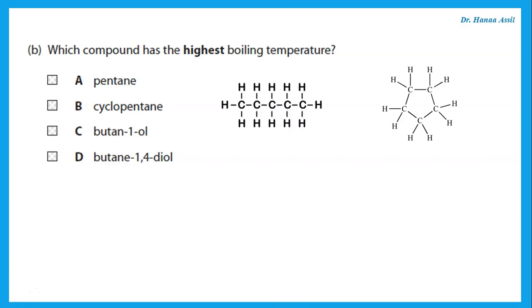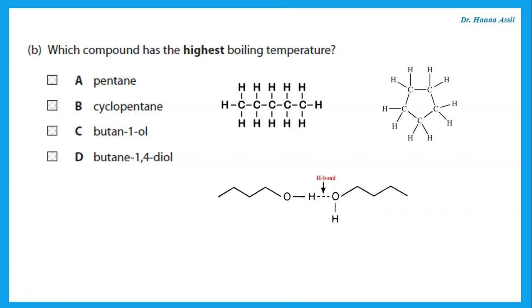But then we are also choosing between butan-1-ol, which has a hydrogen bonded to an electronegative element, so the molecules would have intermolecular hydrogen bonds. And hydrogen bonds are strong and need more energy than the simple London forces between simple molecules like pentane.